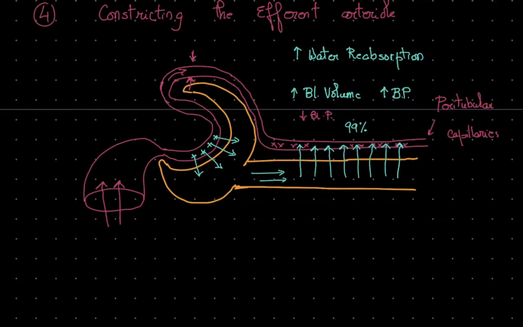So this is again the other effect of angiotensin II, by which it helps increase your blood pressure back to normal in case of a decline.